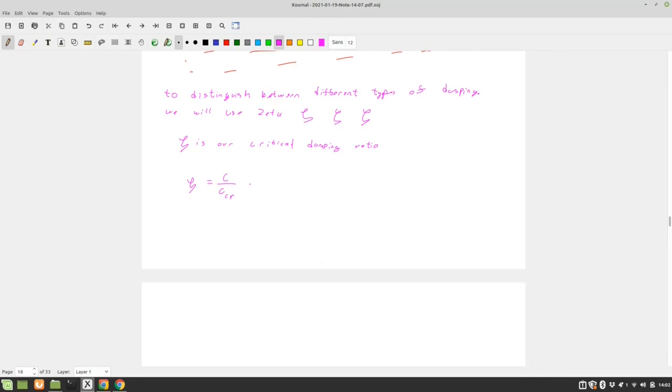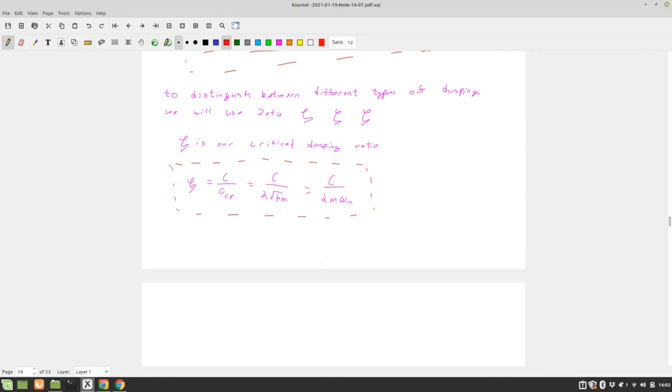So because we have CCR denoted a few ways, we can do this as C over 2 the square root of Km, and also C over 2m omega n. Right? So those are useful values as well.